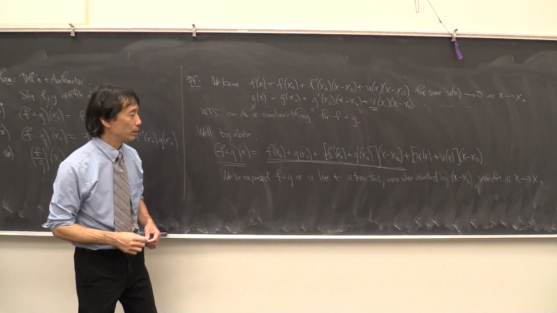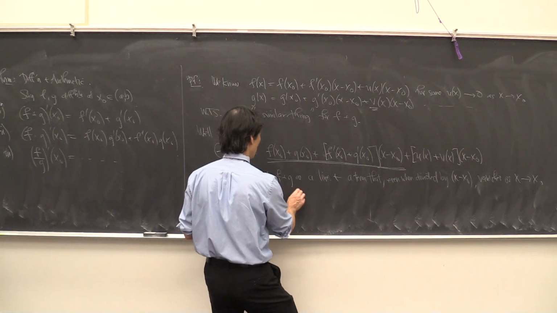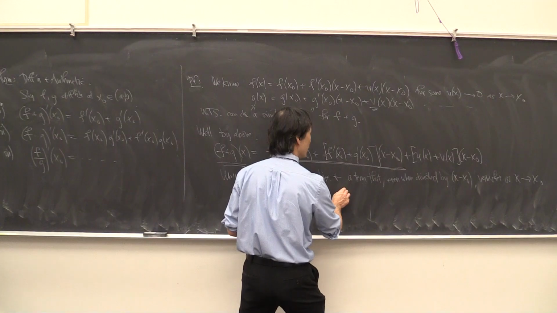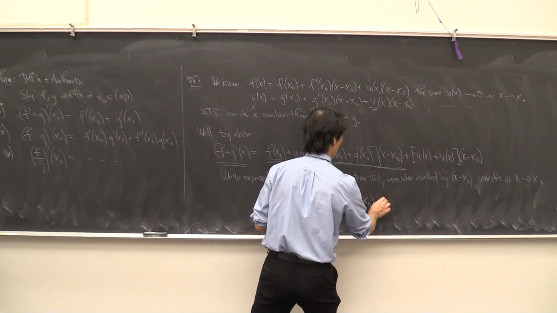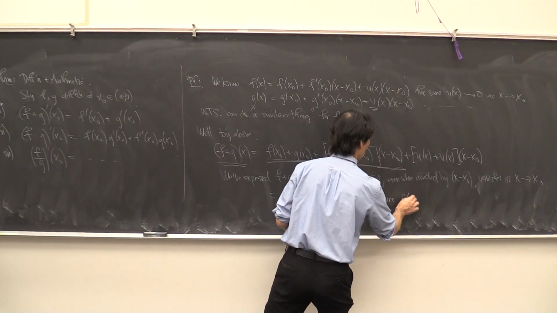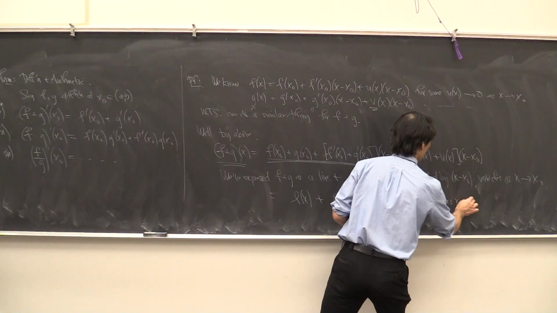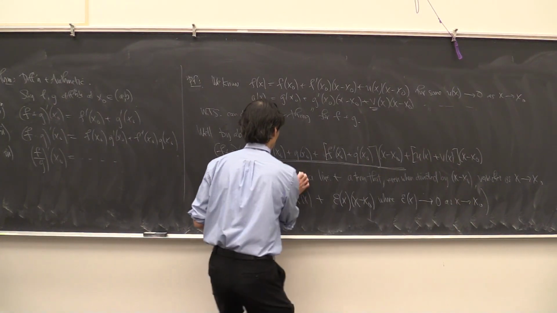We've expressed it as a linear term plus some sort of error, some sort of thing where this guy goes to 0 as x approaches x naught, to say it more properly.